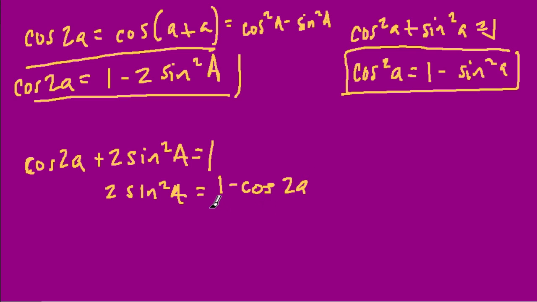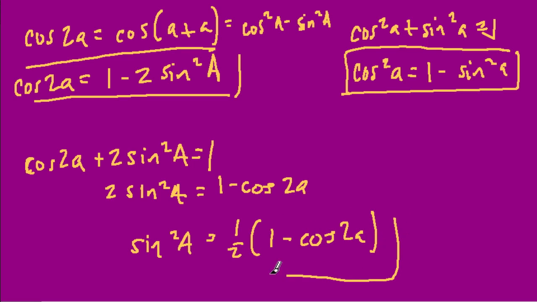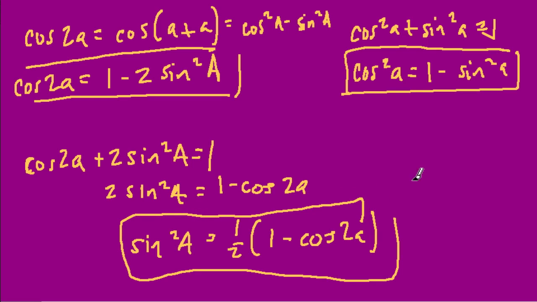We divide both sides by 2 and get the sine squared of A equals 1/2 of 1 minus the cosine of 2A. And that goes back to one of our other identities before, which said that the cosine squared of A equals 1/2 times the cosine of 2A plus 1, right? A similar kind of relationship. So those are identities that we can add to our toolbox. Hope that helped.